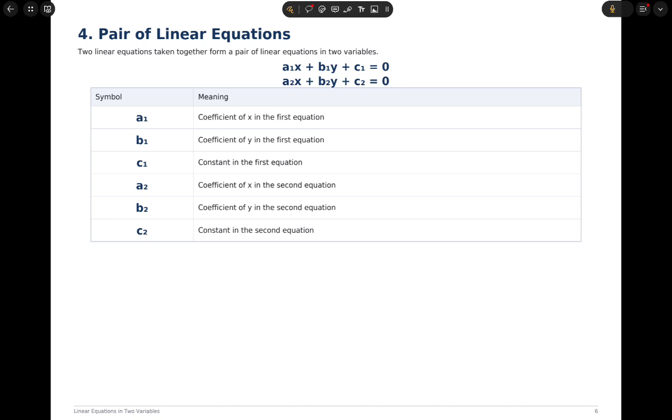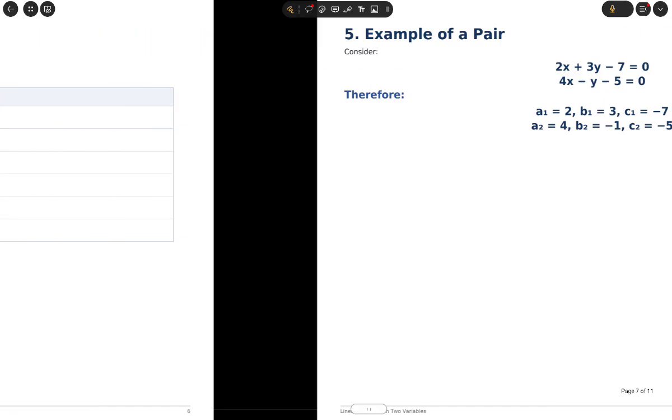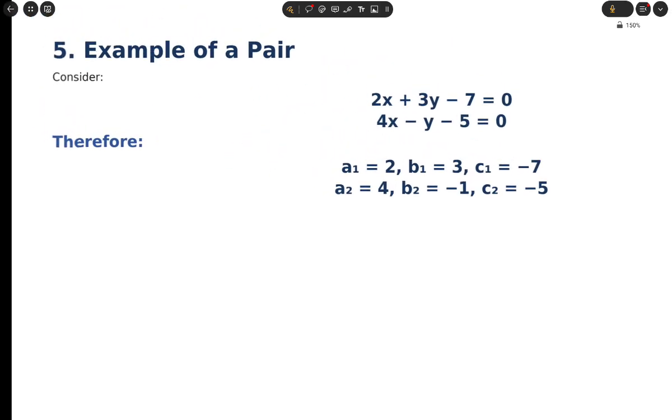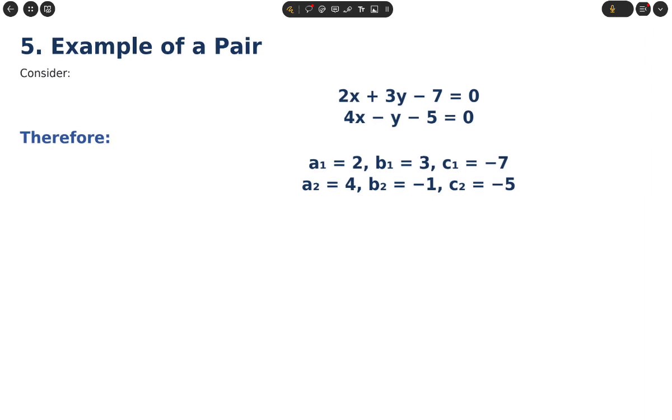Similarly, a2 is the coefficient of x in equation 2, b2 is the coefficient of y, and c2 is the constant for equation 2. This is an example of a pair of linear equations. Here a1 is 2, b1 is 3, and c1 is minus 7. Similarly, in equation 2, a2 is 4, b2 is minus 1, and c2 is minus 5.